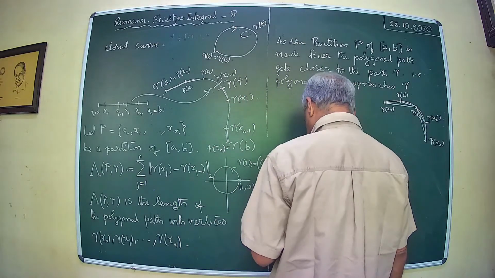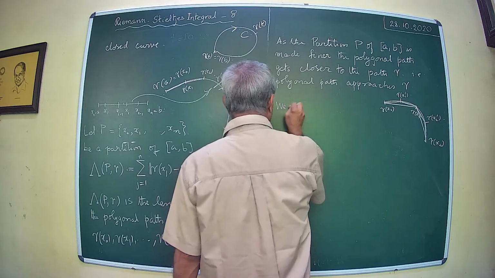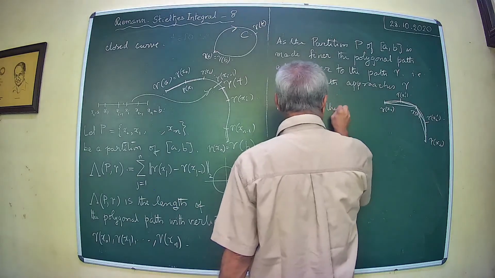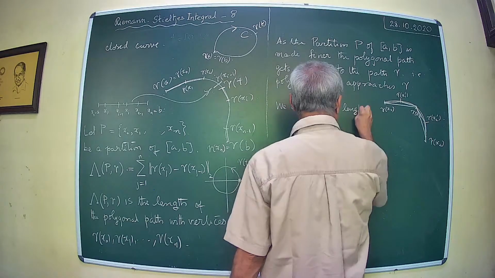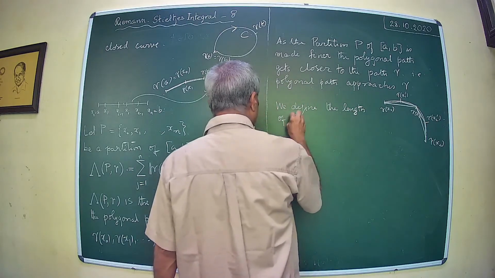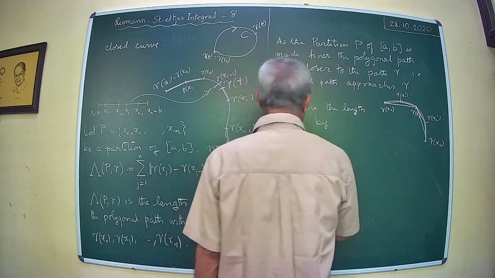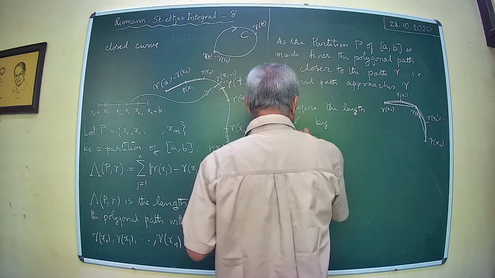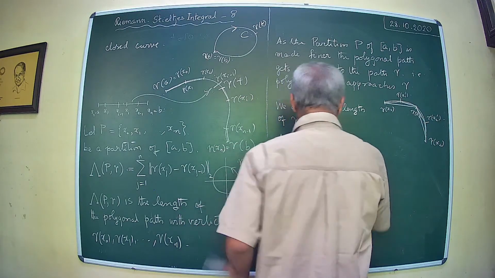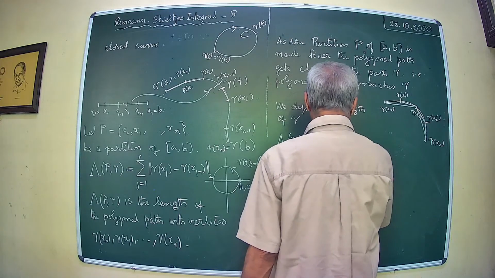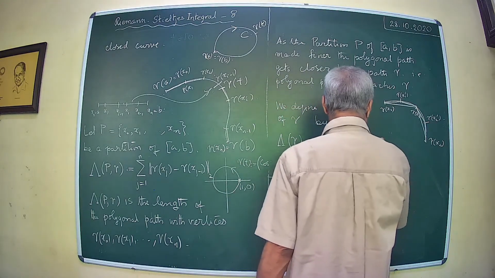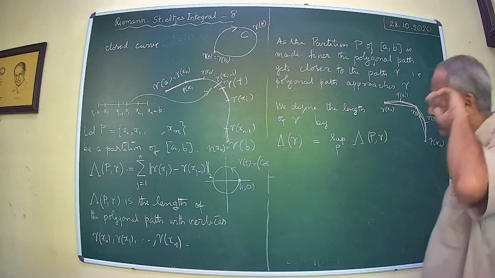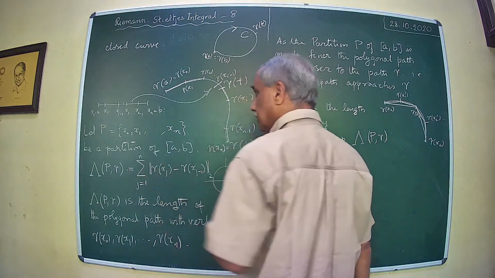So it makes sense to define the length of gamma. We define the length, lambda gamma, equal to the supremum of lambda P gamma. You see that lambda P gamma is greater than or equal to 0 by definition.